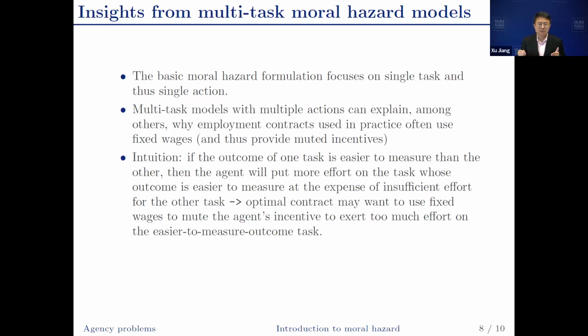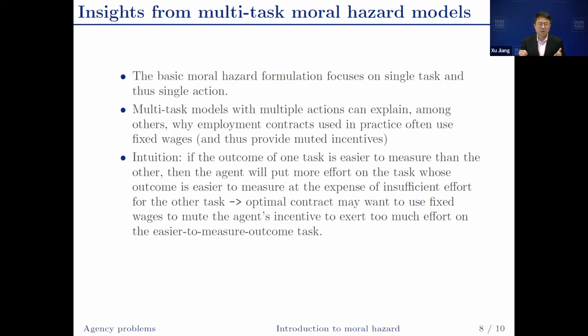And then for the other tasks, the agent is not going to exert sufficient effort, whereas the other tasks are equally important to you. One example is if you're a teacher, you teach students, standard test scores are easier to measure, whereas learning experience is difficult to measure.